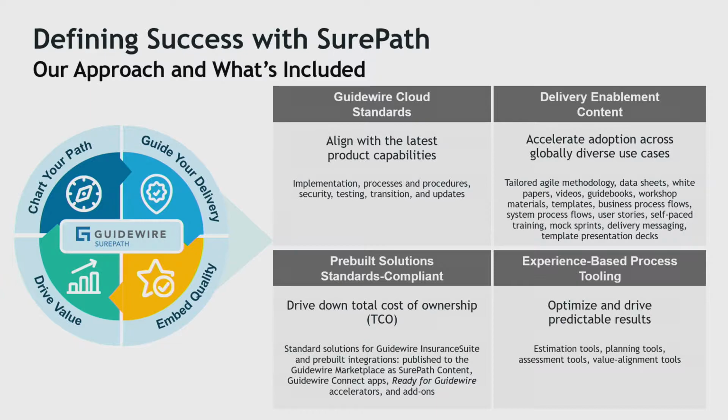And then as we do that, we're making sure we embed quality to make sure that the delivery is both fast and predictable. Right? So we want predictable results without any compromises, and we want to make sure that everything's laser focused on delivering value, the reason why you did the project in the first place. So that's what we mean by our proven approach and the approach we take.